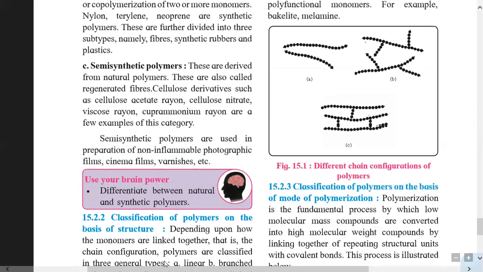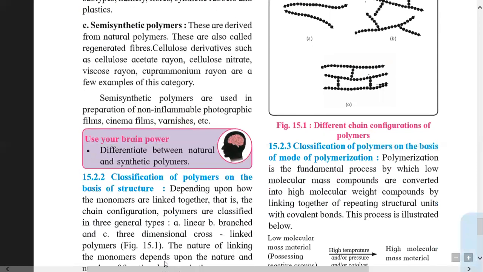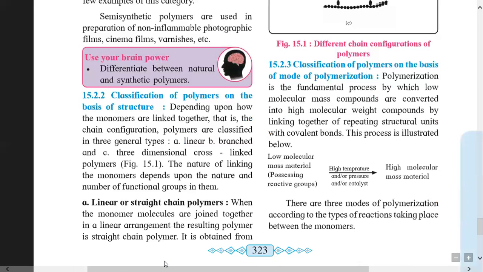These three types are on the basis of structure, linear, branched, and cross-linked polymers. Depending upon how monomers are linked together, that is the chain configuration, these polymers are classified into three types, that is linear, branched, and three-dimensional cross-linked polymers.